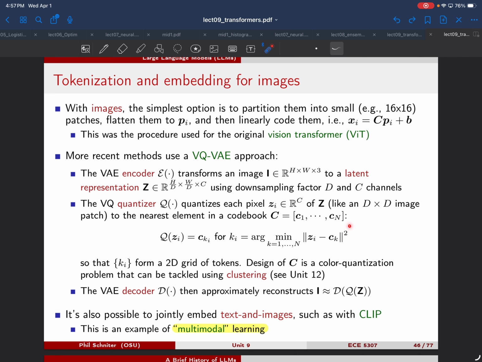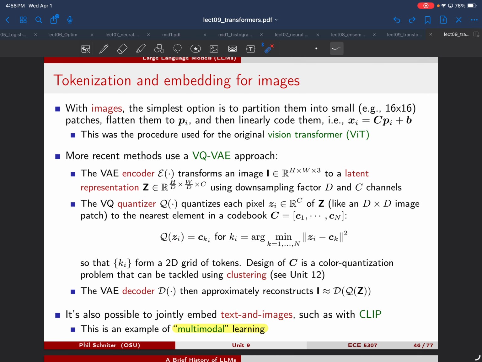Then we do a simple quantization: if you put in Zi, you look for the closest vector in your codebook. That's what this argmin does. Once you find which one that is, you store it by its integer. You say, oh, this is closest to the 3rd element in my codebook, so now I'm going to represent Zi just by the number 3.